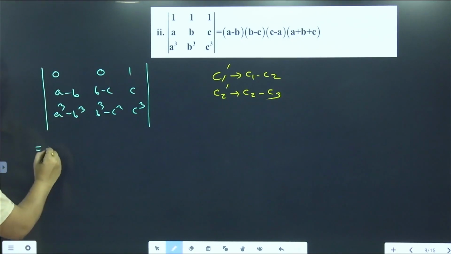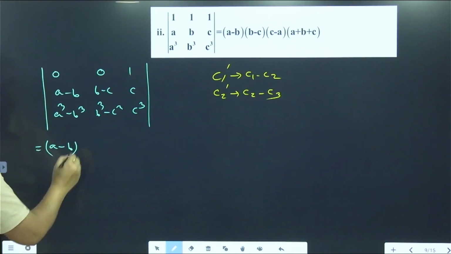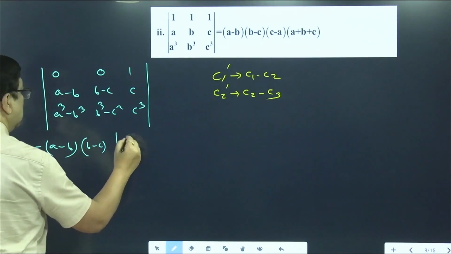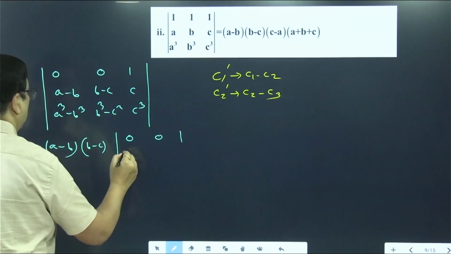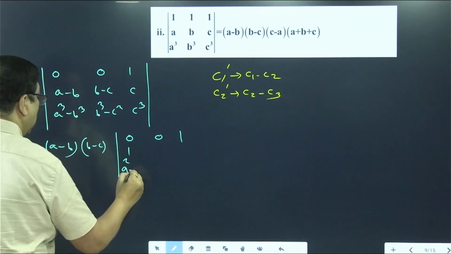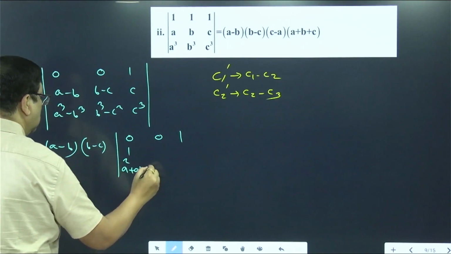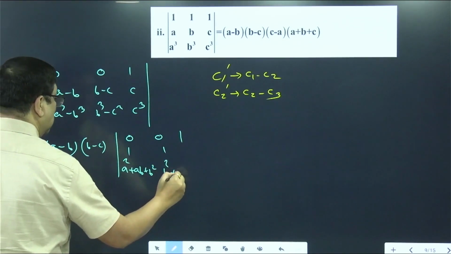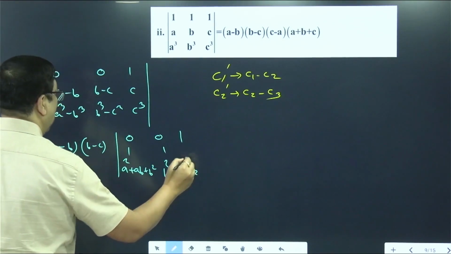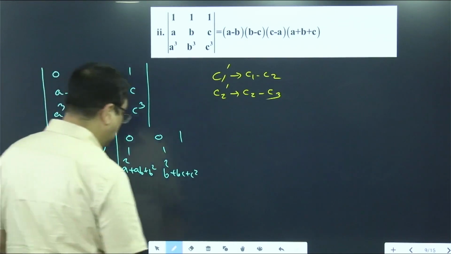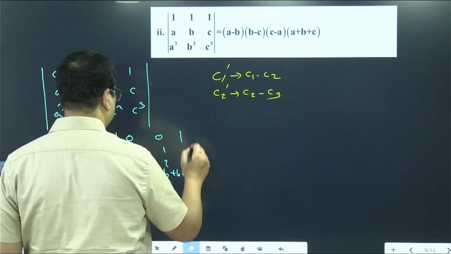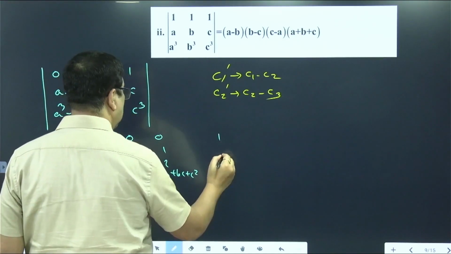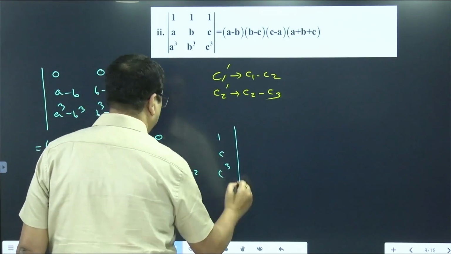From the first column we can take (a minus b) common, from the second column we can take (b minus c) common. What is coming here? 0, 0, 1, then 1, a square plus ab plus b square, and here 1, b square plus bc plus c square, and this is 1, c, c cube.